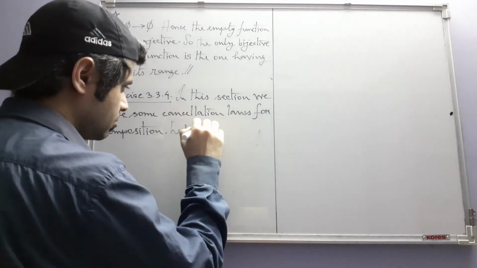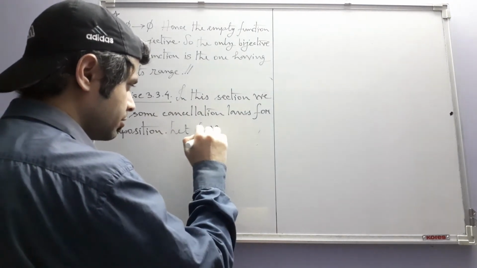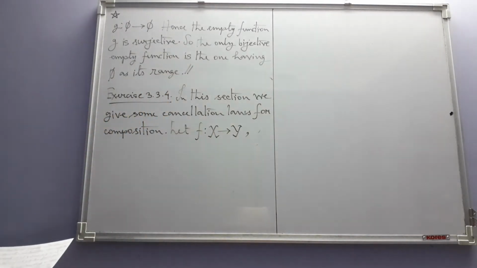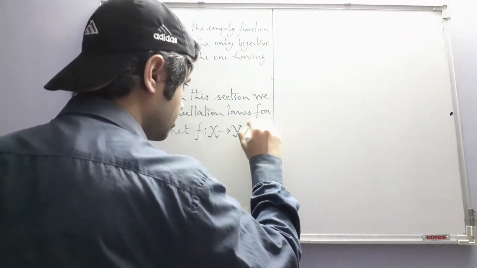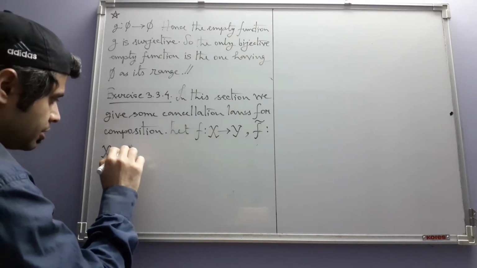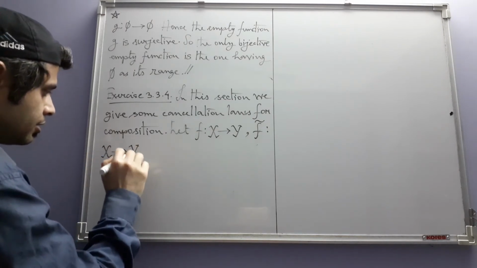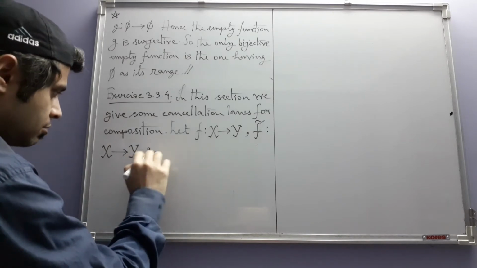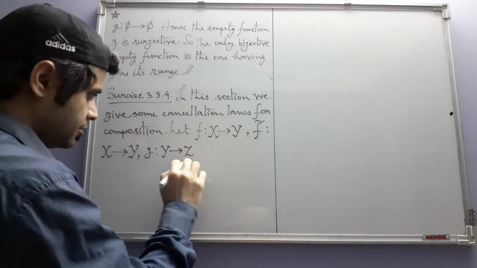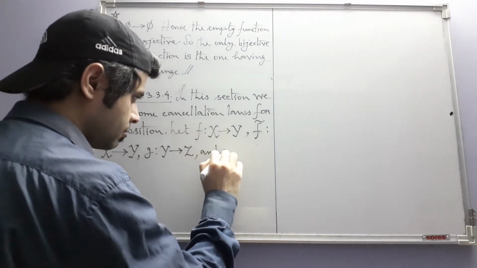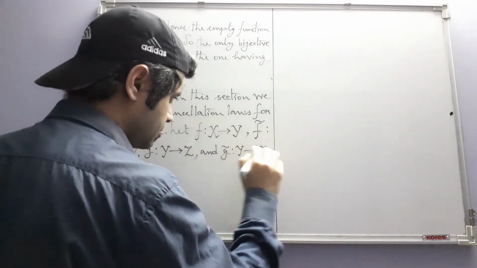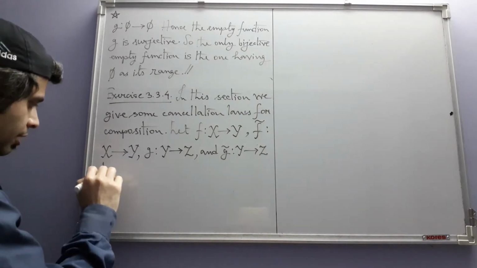Let f be a function with domain x, range y. Just like that, f tilde is also a function with domain x and range y. g is a function whose domain is y, range is z, and g tilde is a function with domain y and range z. Let these be functions.